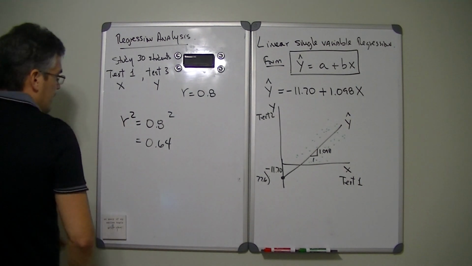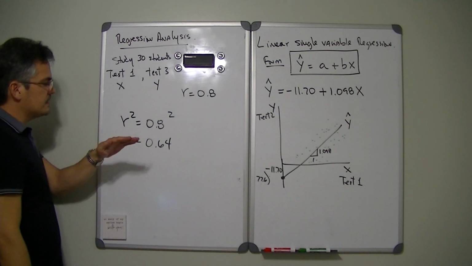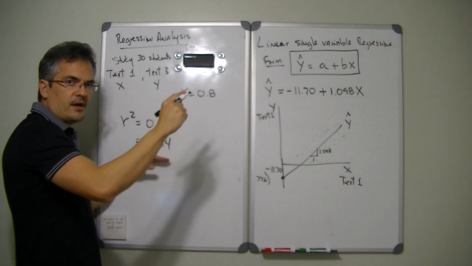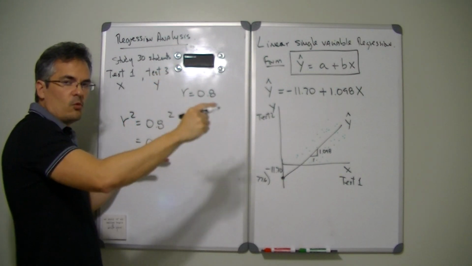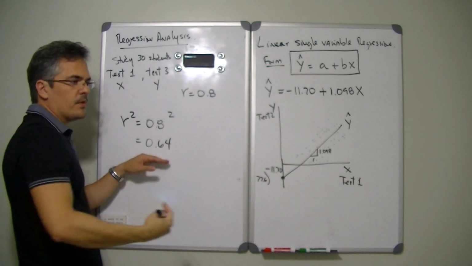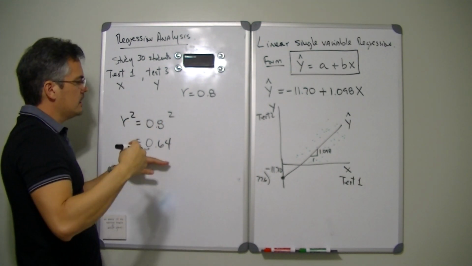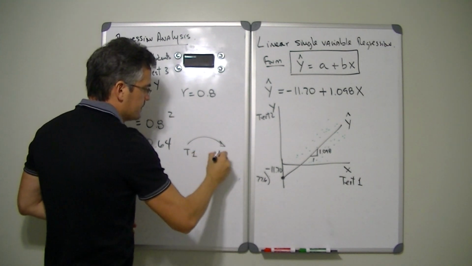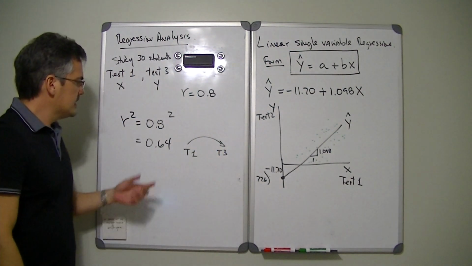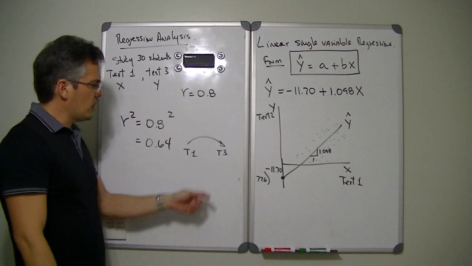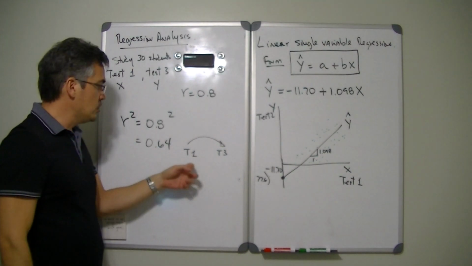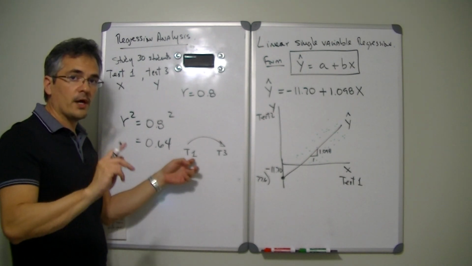And the R square is the percentage of the dependent variable that I can guess with the independent variable. Or at this point, since we're doing test 1 and test 3, 64% of the performance of test 3 can be estimated using the performance of test 1.